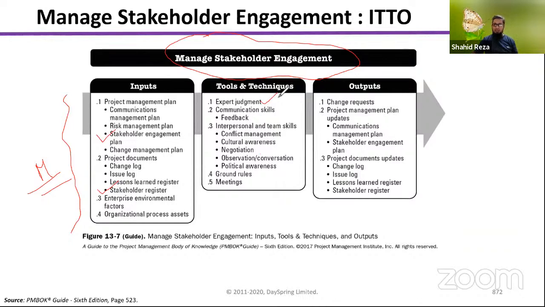So we have to apply our expert judgment. And second is communication skills. Stakeholder engagement, stakeholder management and communication management are closely related. So you have to have good communication skill, otherwise you cannot manage stakeholders.